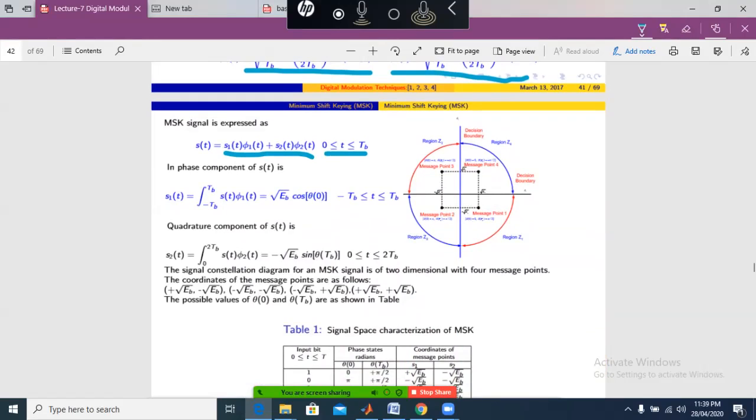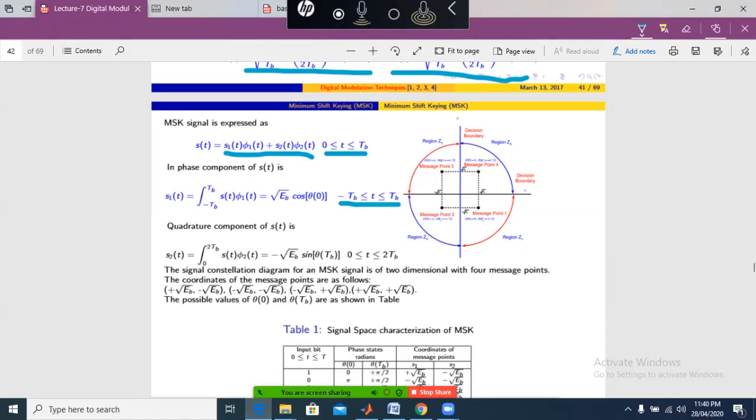And for example, as in OQPSK, we create the offset. So here we create the offset, and this offset is from 2Tb duration and spans from minus Tb to Tb.